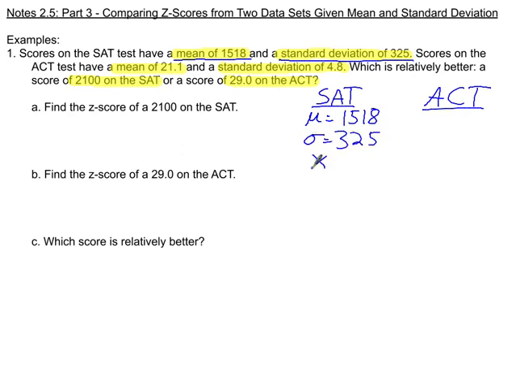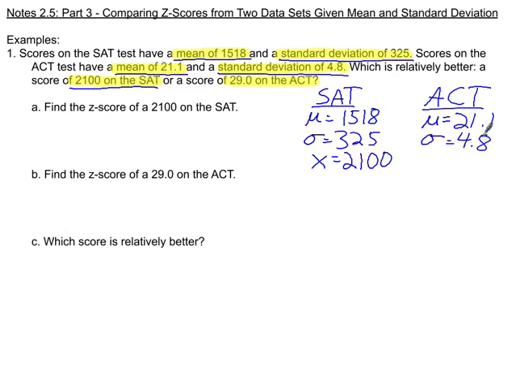And coming down to the end, we're looking at a score of 2100. Then the ACT, we're looking at a mean of 21.1, a standard deviation of 4.8, and a score of 29.